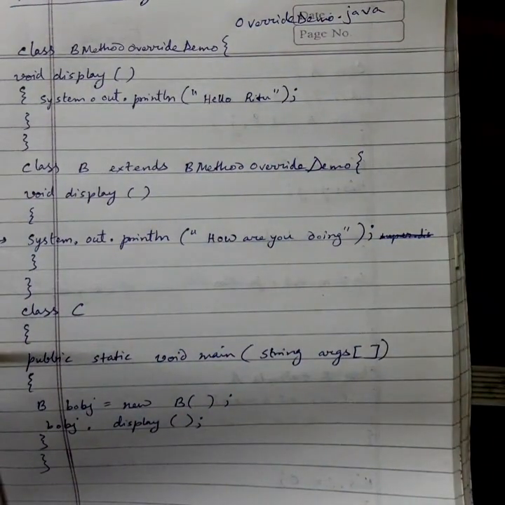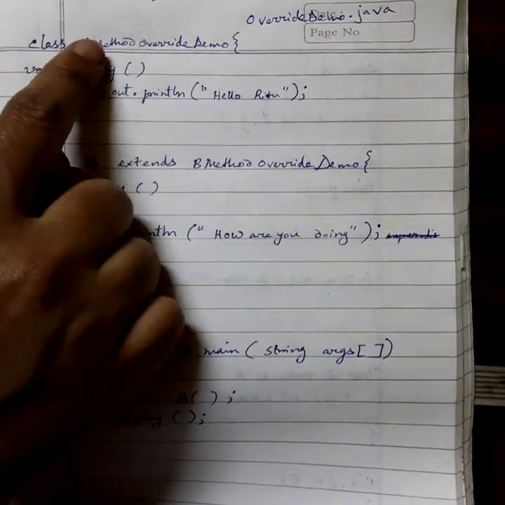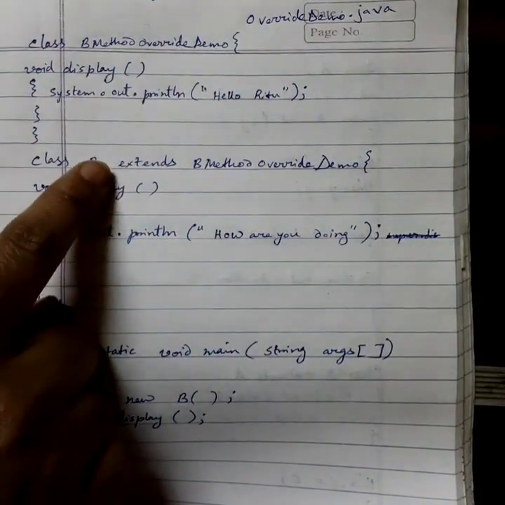In this Java file there are two methods, BMethodOverrideDemo and B.